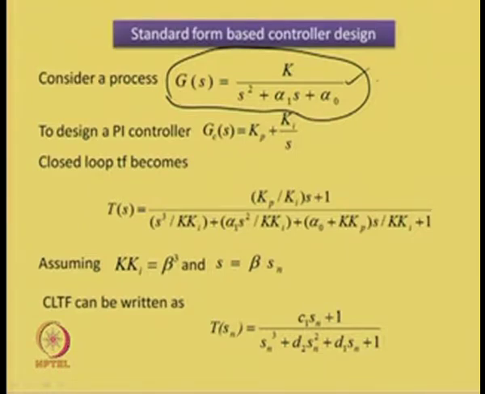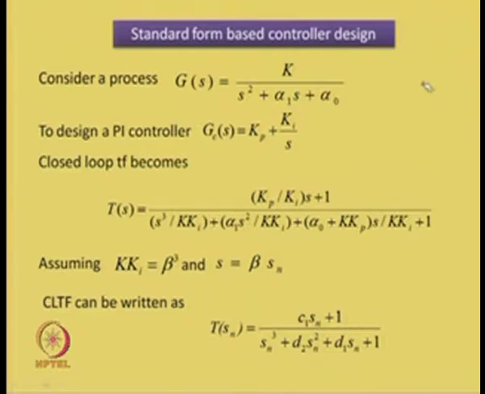Then it becomes very easy to design controllers, whereas we shall consider a typical case where alpha 1 will be less than alpha 0, which signifies that the process is of underdamped type. So, let us consider the process dynamics as shown over here.